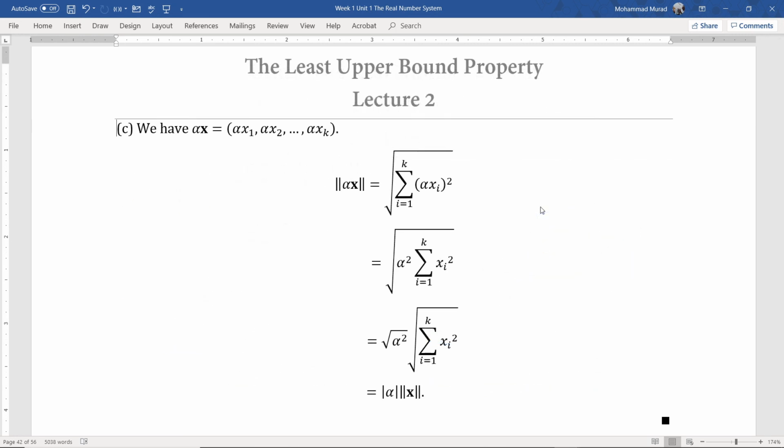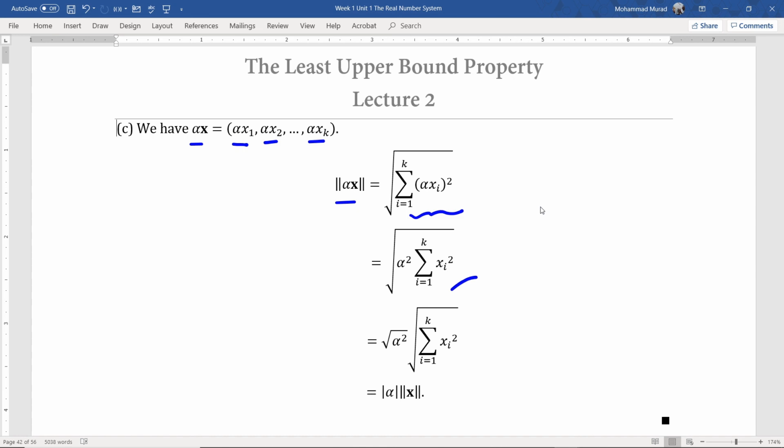Let's have a vector alpha x with coordinates alpha x1, alpha x2, all the way up to alpha x sub k. Then its norm is given by this expression, which is the positive square root of the sum of the squares of the components of the vector alpha x. Now if we square the factors alpha and x sub i and we split off alpha squared, then we get this expression.